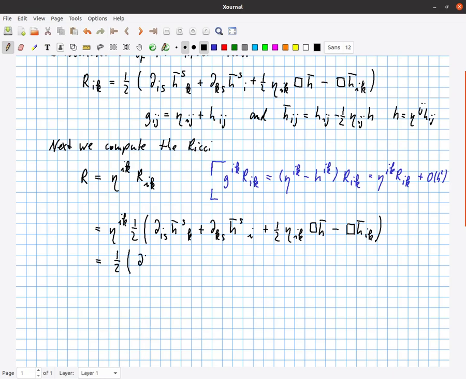So we have here partial^k partial_s h bar sk plus, here this becomes an i, partial^i partial_s h bar si, plus 1/2. Remember that eta^ik with upper indices acting on eta_ik with lower indices gives a 4 because we work in four dimensions. Eta is of course constant, so the box doesn't have any action on it, so we can pull the box straight in and then we get again the trace.